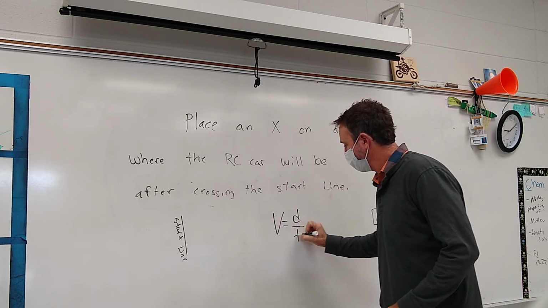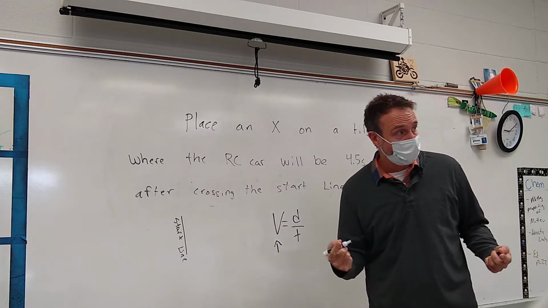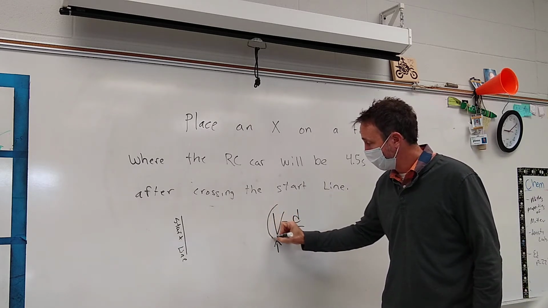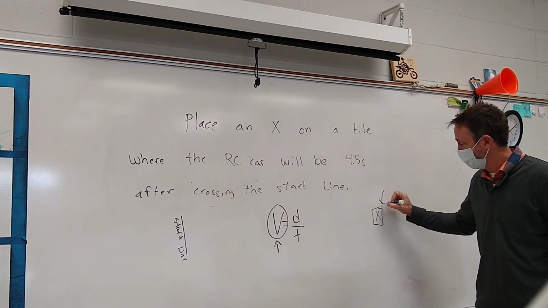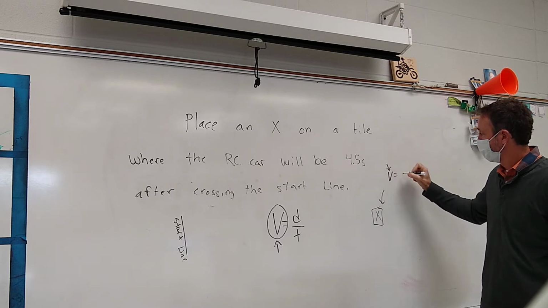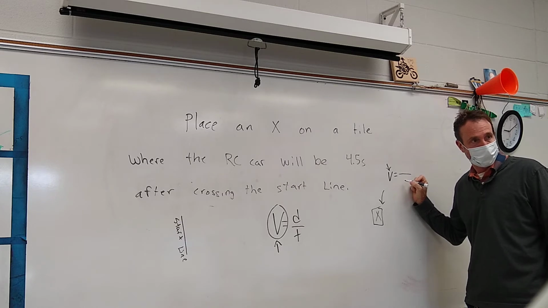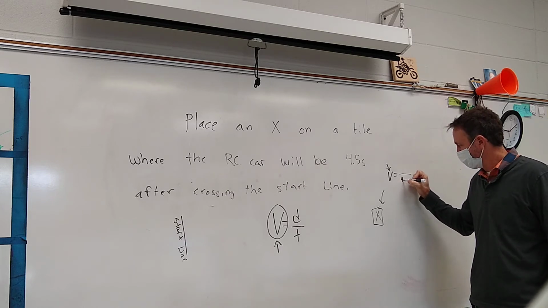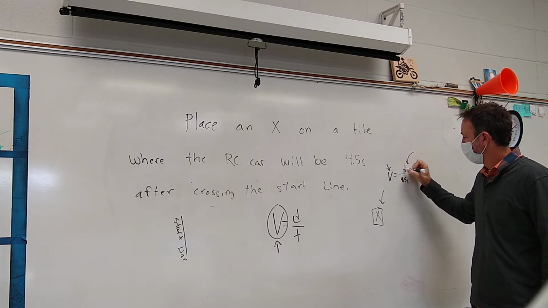First, we're going to calculate the velocity, and then we're going to use that known velocity to predict where the X is going to be, and we're going to use what time? 4.5 seconds. Ryan, you were on it. We're going to use 4.5 seconds, and then we're going to solve for the distance.